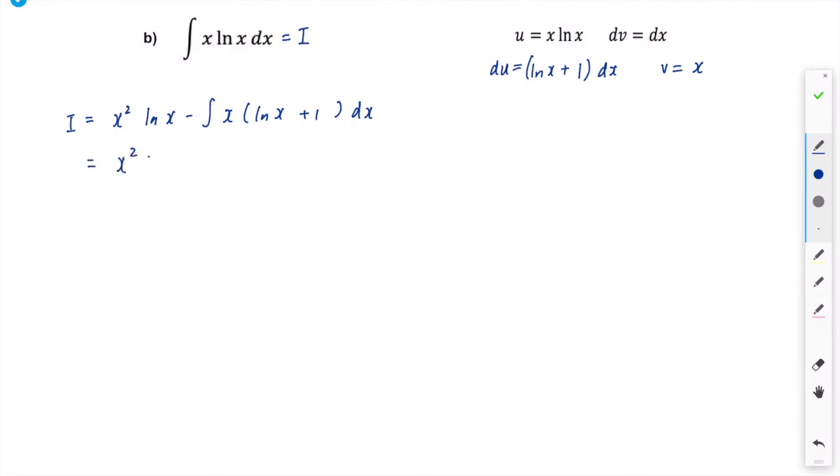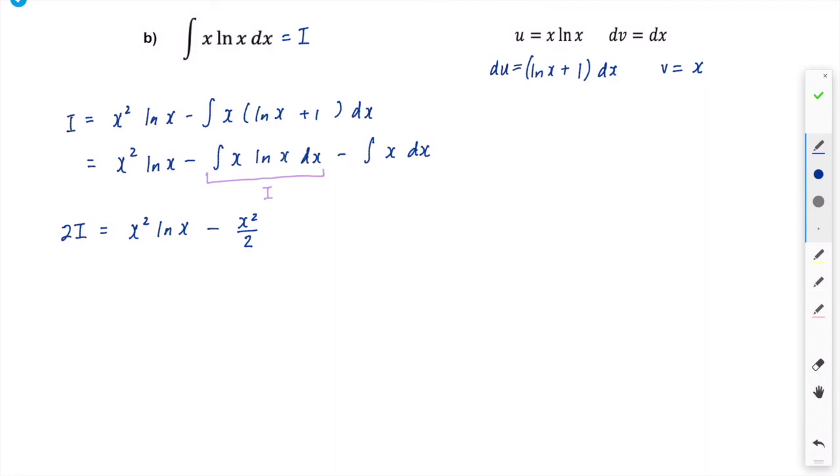Now you may see this already, right? So you have x squared ln x minus the integral of x ln x, look familiar, right? dx minus x times 1, so x dx, like that. Well, since this is I, I have 2I equal to x squared ln x minus the integral of x, which is x squared over 2.